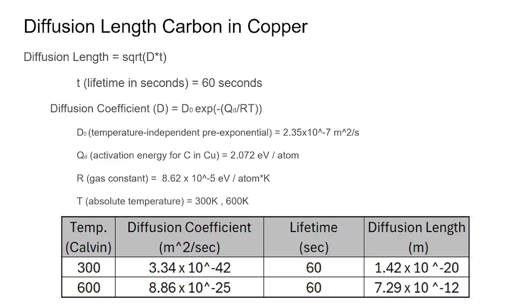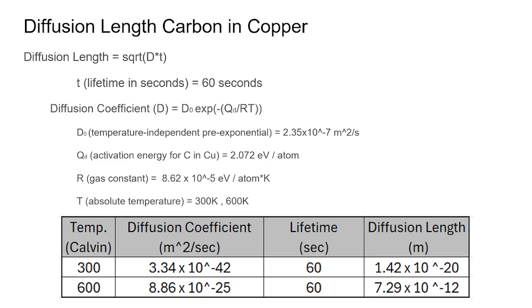The lifetime for this problem would be 60 seconds, or 1 minute, and diffusivity can be swapped out with the diffusion coefficient. You calculate the diffusion coefficient by multiplying D naught by exponential negative Q_D divided by RT, where D naught is the temperature-independent pre-exponential, Q_D is the activation energy for carbon in copper, R is the gas constant, and T is the absolute temperature.